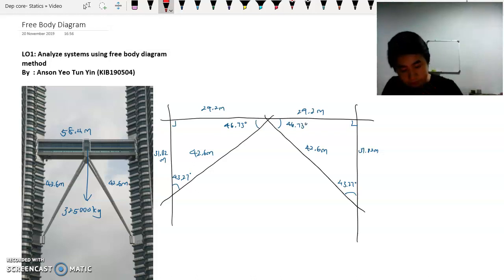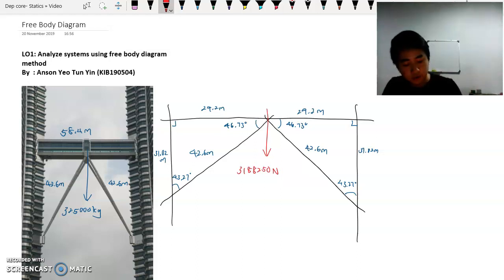Okay, now since the shape of the sky bridge is identical, we will assume that the centroid is located in the middle of the bridge, and therefore the weight of the bridge will act on that point. After converting the 325,000 kilograms into Newtons, we'll be getting 3,188,250 Newtons. Whoa, that's a very heavy bridge.